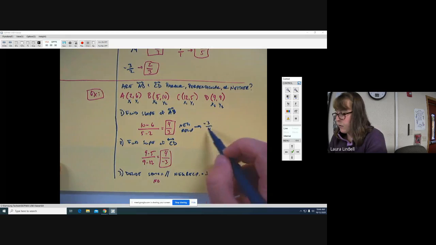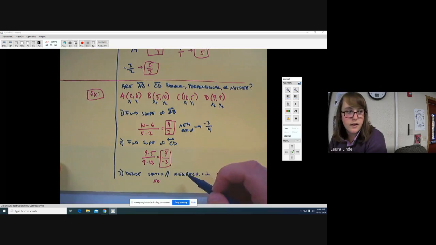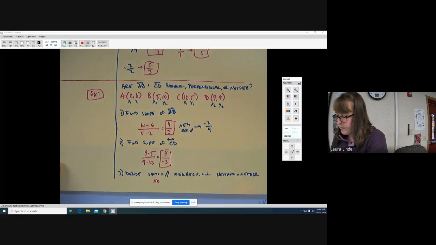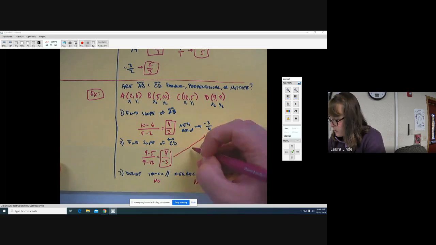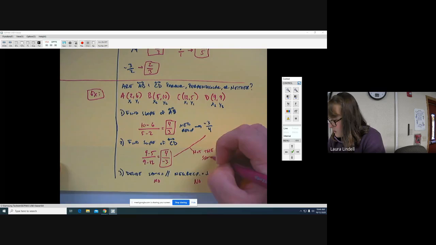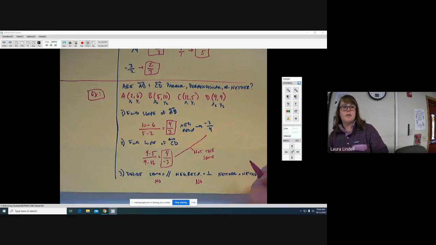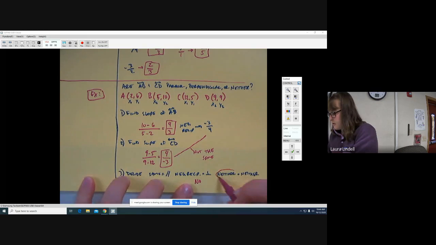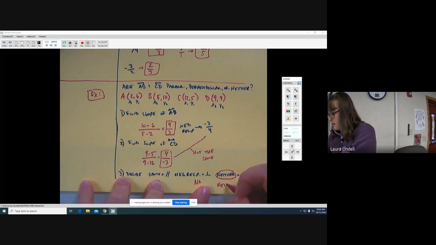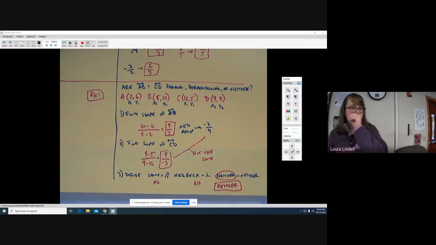Is negative 3/4 the same as 4 over negative 3? No. So that means they're not negative reciprocals. So then neither is the case. Our answer here would be that these two lines are neither parallel nor perpendicular. Neither one of those things is true.